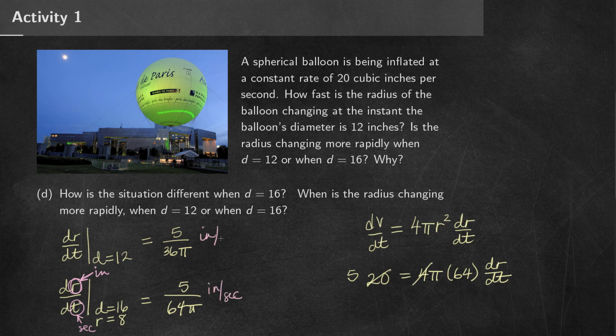When is the radius changing more rapidly? Well, it has a higher rate of change when d equals 12. 5 over 36 pi is a larger value than 5 over 64 pi.